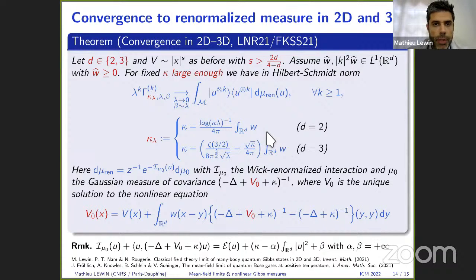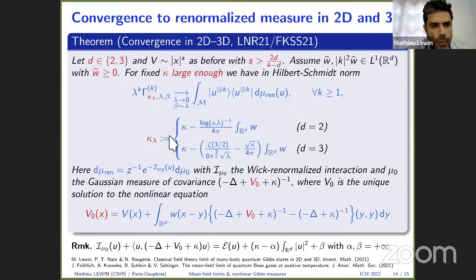Actually, of course, if W is 0, then there should be no renormalization, so it's clear that it has to depend on W, but otherwise it only depends on the integral of W, and otherwise you get this universal factor here in front. Okay, so we use the chemical potential, if you like, this parameter kappa, in order to naturally obtain a renormalization in the limit for this nonlinear Gibbs measure.